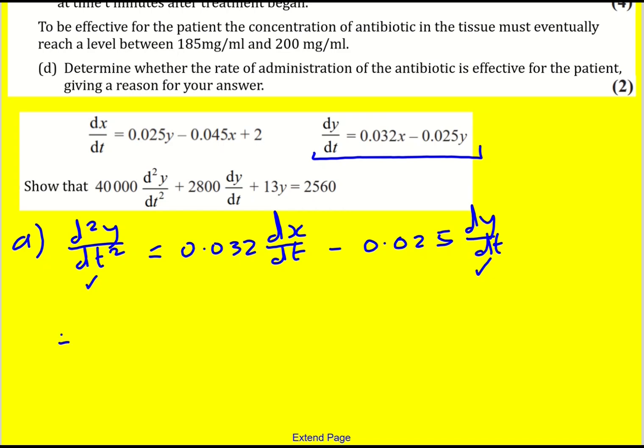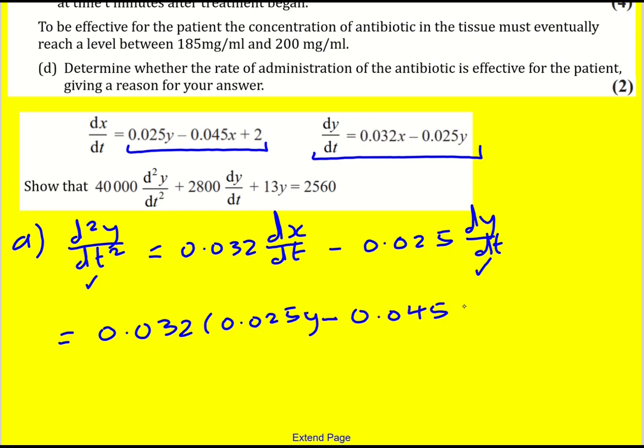So I can straight away just go 0.032 and sub in this: 0.025y minus 0.045x plus 2, minus that 0.025 dy by dt.